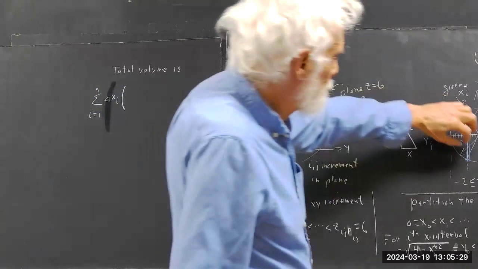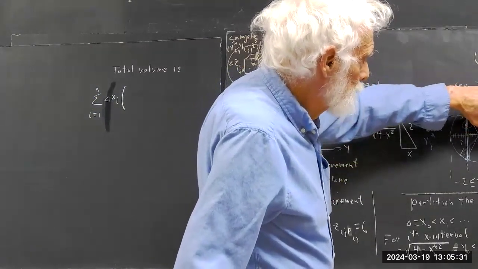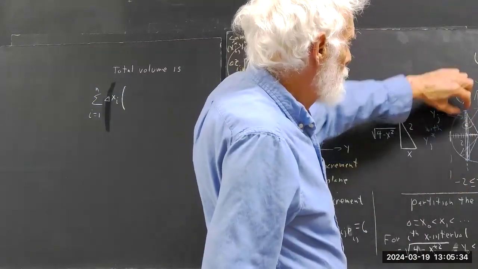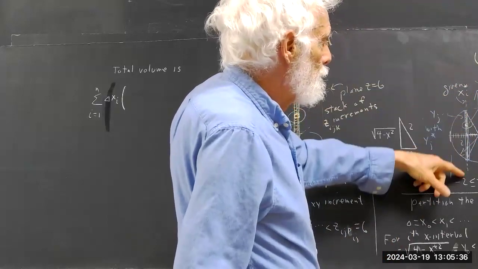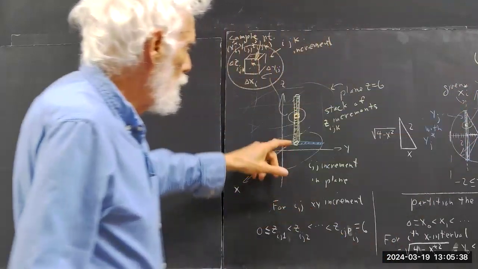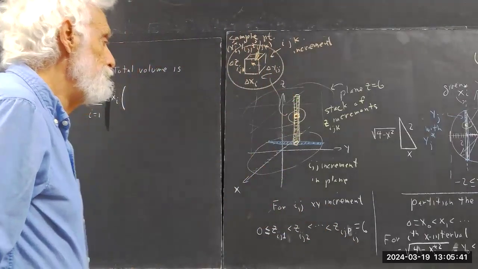So for each one of these x increments, I'm going to sum all of the y's, and then within the y's, I'm going to sum all of the z's.